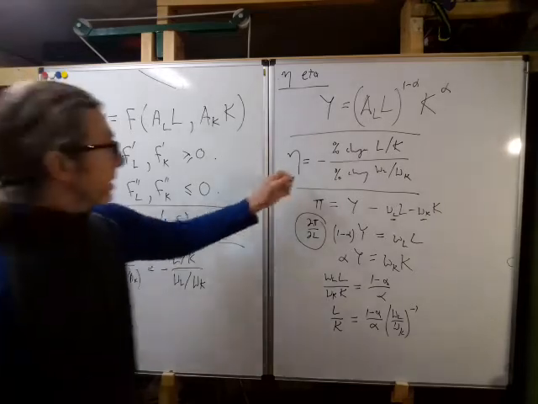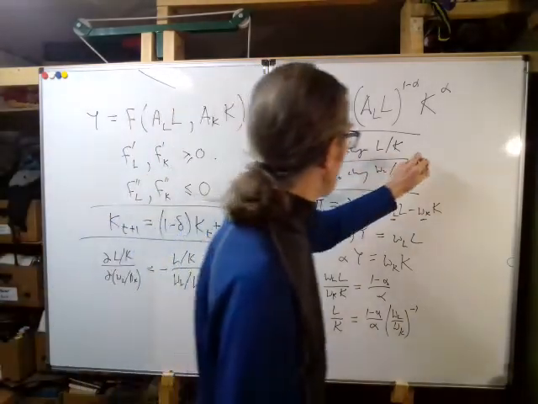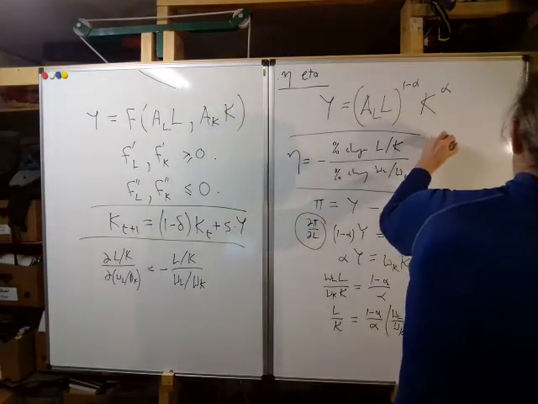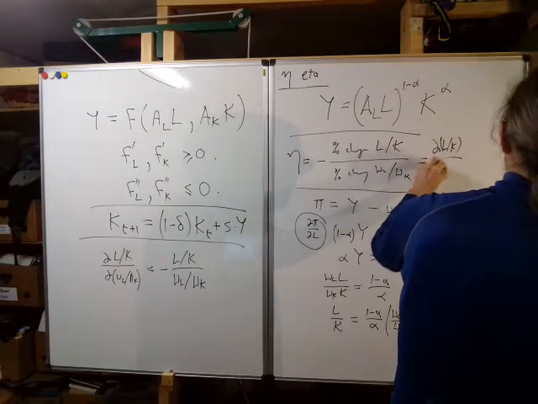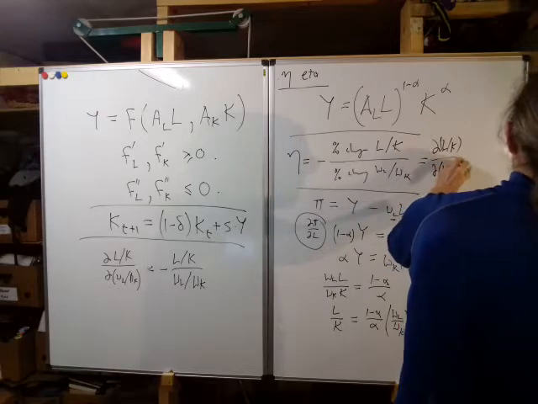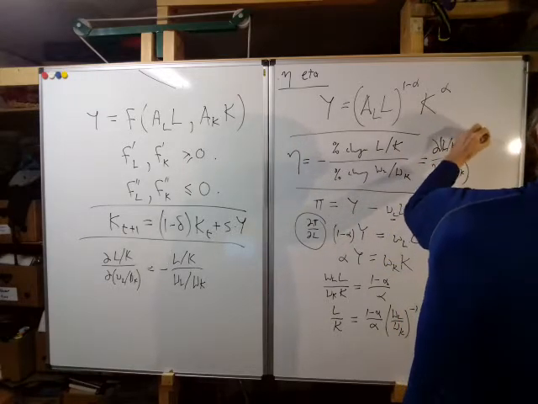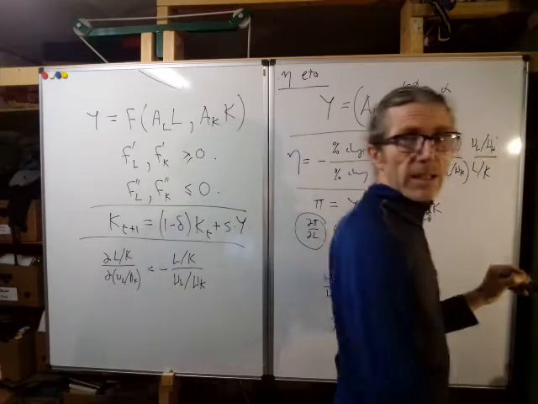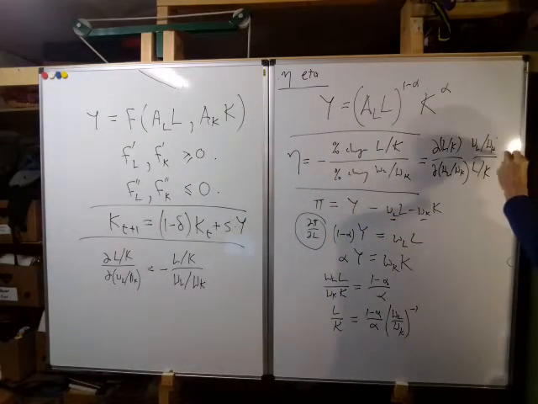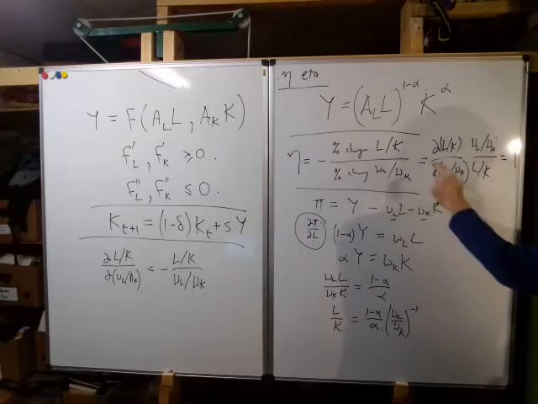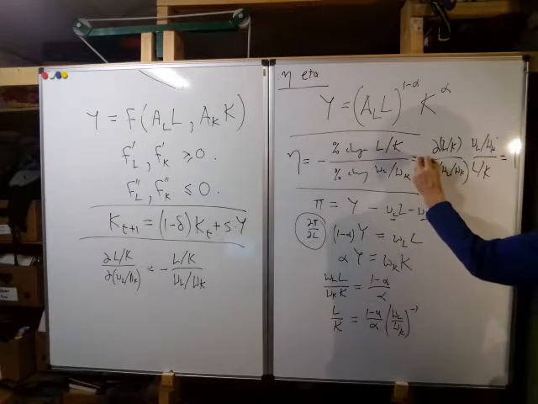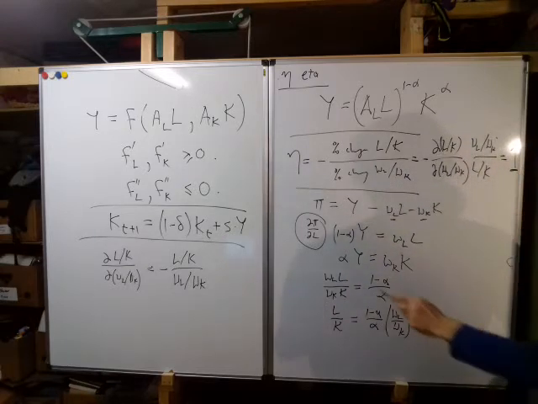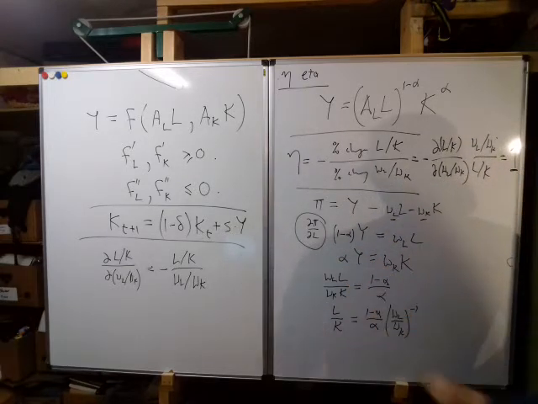And given this definition, that is equal to d(L over K) by d(WL over WK) times WL over WK over L over K equals 1 minus that. The elasticity of substitution is 1.